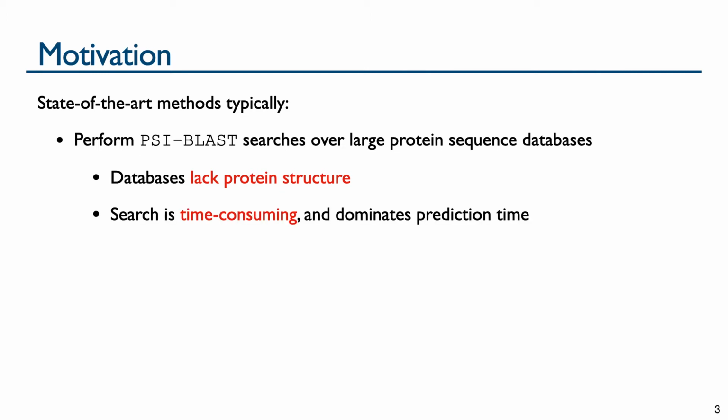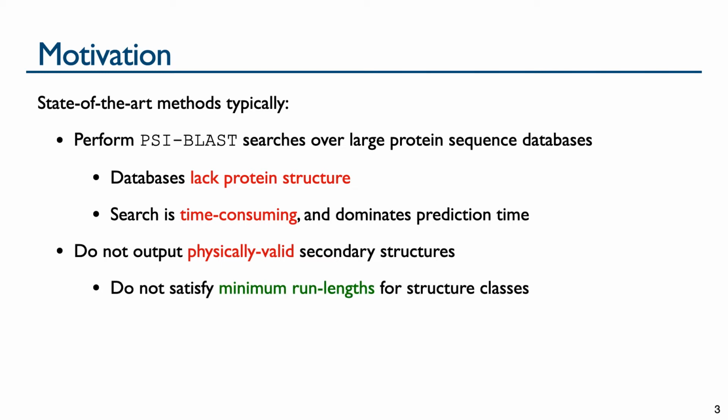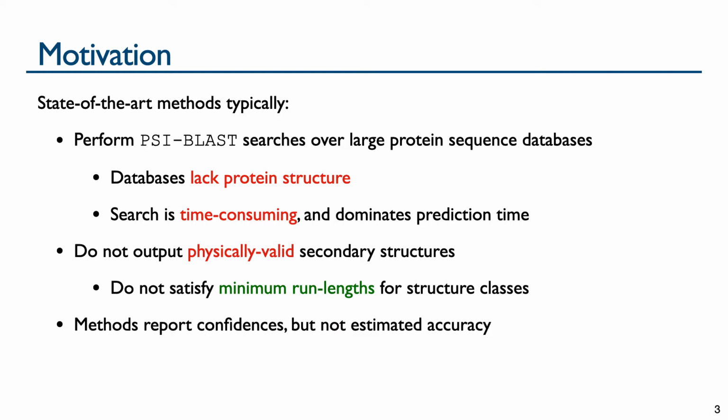BLAST over the largest sequence database used by a state-of-the-art tool can take as long as 30 minutes. Many of these tools do not output physically valid secondary structure. In particular, they don't satisfy minimum run lengths. For example, an alpha helix must be at least 5 residues long in nature. These methods report confidences, which are a measure of how unambiguous the predicted structure class is at a residue, which doesn't translate to estimated accuracy, which is more desirable to a user.